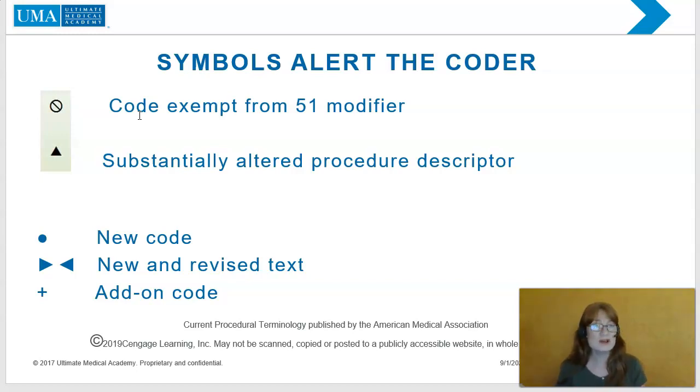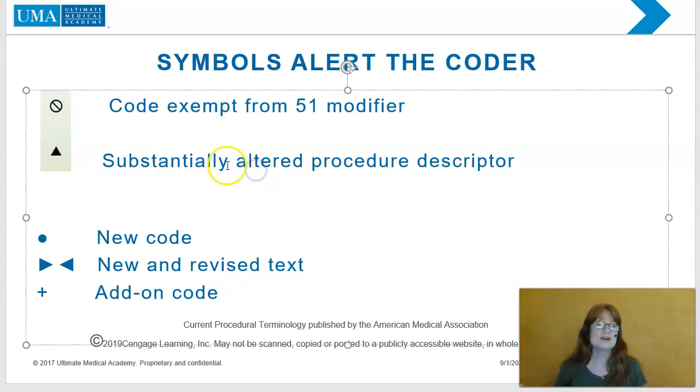Believe it or not, there is logic in this book, and it's just understanding the language. The next symbol that we see is a triangle. That triangle is letting us know that the procedure code description, the words after the code, have been substantially changed from the prior year. Remember, these books are updated every single year.